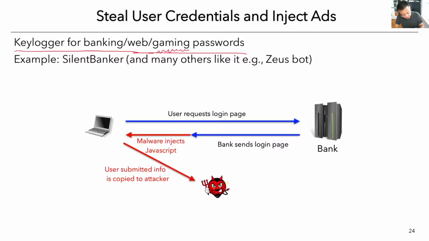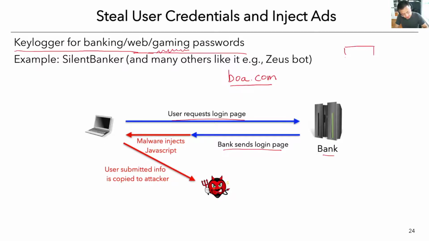The user will request a login page, and the bank will send the login page. Then the malware will inject JavaScript. For example, if you visit bankofamerica.com, the malware knows you are visiting a bank website. It is going to inject JavaScript and hook into the login process.